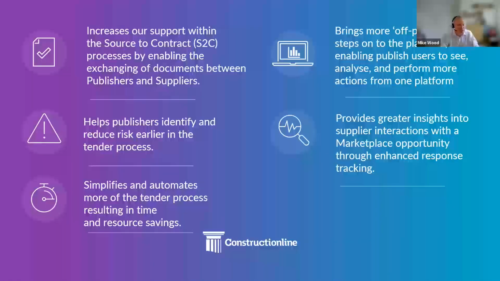It's the first time that we've really built a mechanism for allowing both parties to communicate with each other through the platform. It's designed to help publishers, buyers identify and reduce risk early in the tender process.